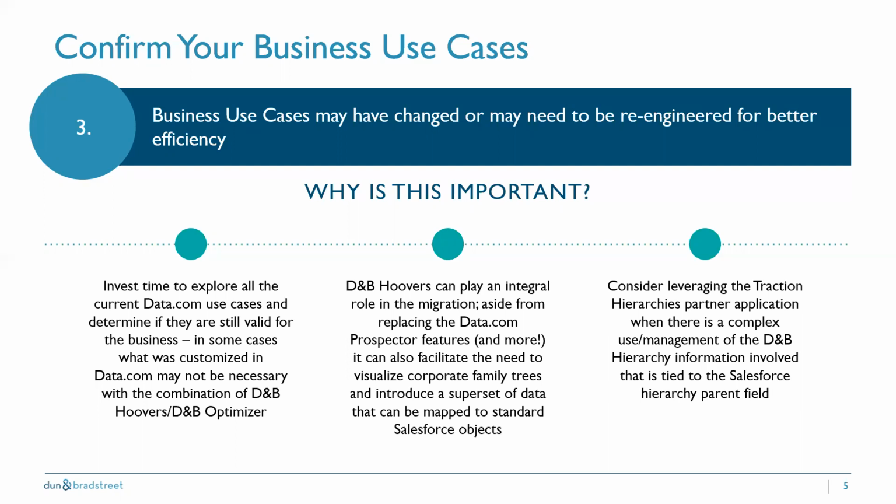And so it's a very sophisticated tool, allowing for a better use and management of our hierarchies. And so we find customers who have very specific use cases around that, leveraging that tool to address their business. So that was number 3.